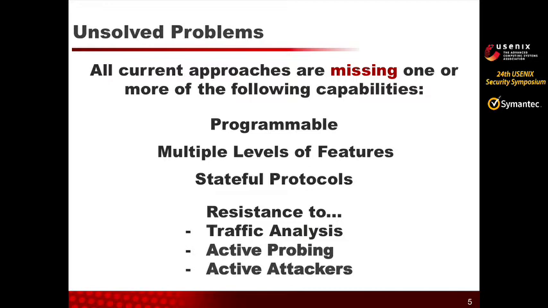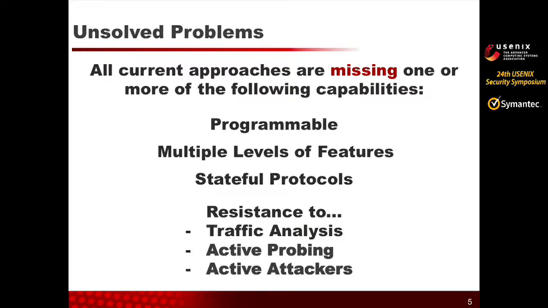The ability to do multiple levels of features, so not just looking at a packet or message level feature, but also being able to simultaneously do connection level, session level, and so on, arbitrary levels of feature that we want to be looking at, which is exactly what the Parrot paper targeted. And then, of course, stateful protocols to enable this sort of broader environment of mimicry and other randomization protocols.